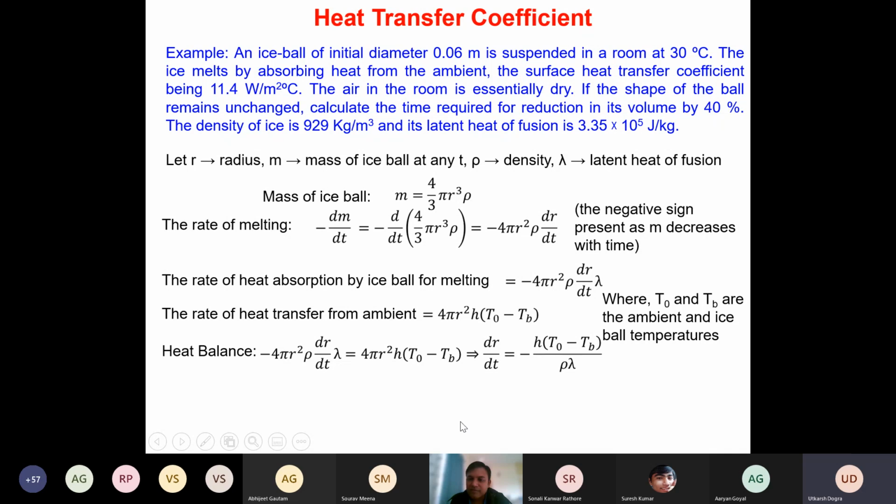Correct? Excuse me, sir. Please go ahead. Sir, the ice is melting, so its temperature won't change, but the room temperature can change. We are assuming that the room is a very large room, and because of that the change in the temperature of the room is not significant, it's negligible. Okay, sir. All right, that's why we have said a room, not a small chamber.